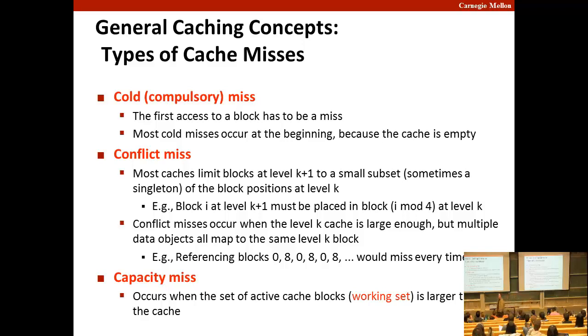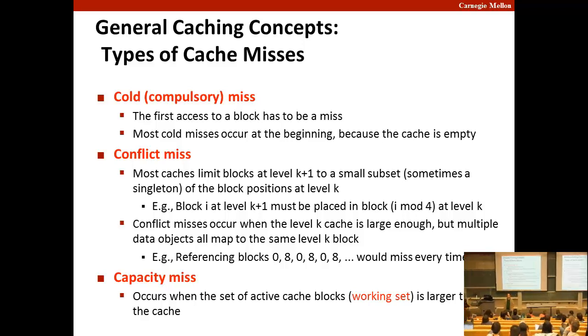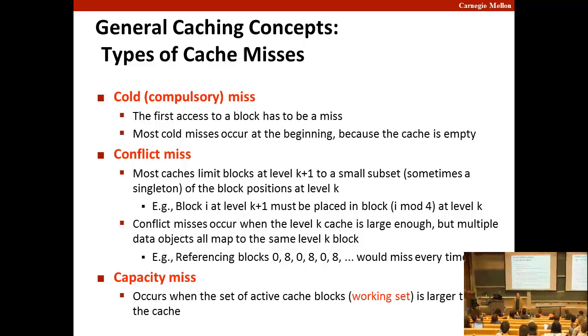But because of the decisions we've made, because of the way our cache is organized, we have misses anyway. Does that make sense? That's why we call it a conflict miss. It's conflicts between what we have in the cache and what we need to have in the cache that results in the misses, not the size of the cache, not the fact the cache hasn't warmed up yet. Does that make sense?